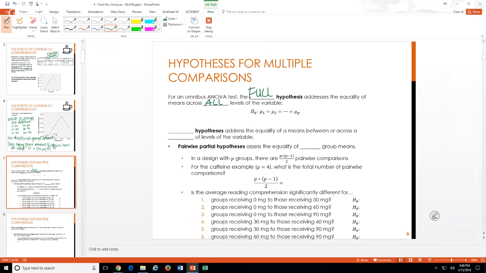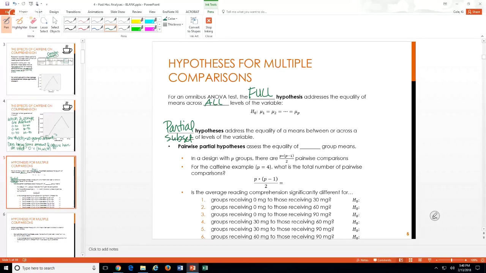So again, that was that initial one-way ANOVA where we got that single F value. Partial hypotheses address the equality of means across a subset of levels of the variable.